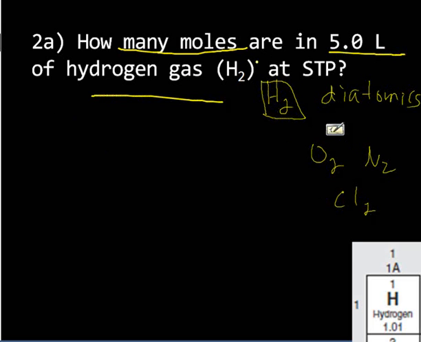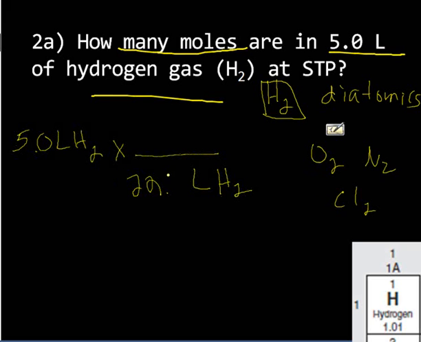So the question is, how many moles are there in 5.0 liters of hydrogen gas? We start with our given, 5.0 liters of hydrogen gas, and we want to convert it to moles. What we know is that 22.4 liters of any gas is 1 mole.